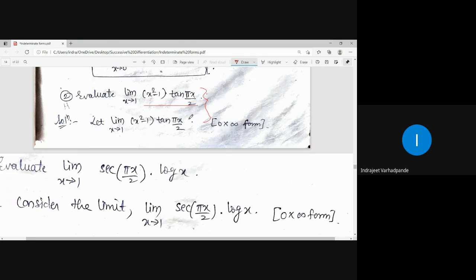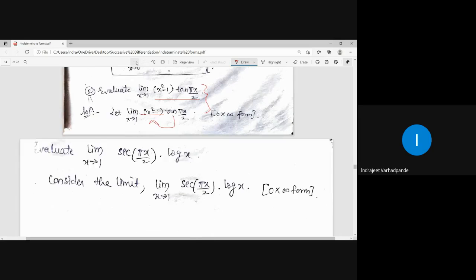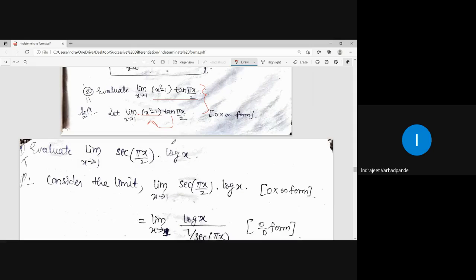This is 0 into infinity form. What you do, we will take the tan to the denominator, so 1 upon tan of pi x by 2, which will be again cot, right? And then it is simplified. Clear?